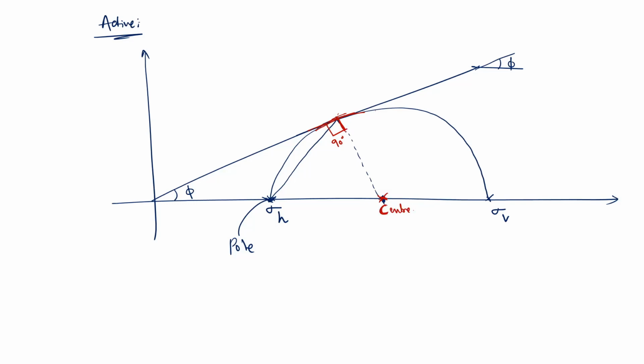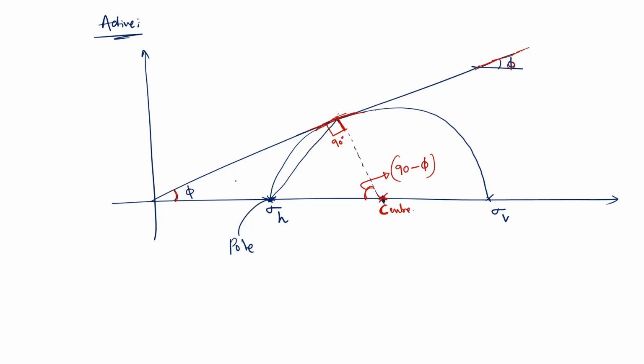This is one of the rules of the circle and the tangent. Now, if this is 90 and this is phi, what is this? This should be 90 minus phi, right? Because this is 90 and these two angles should make total 180. If this is phi, because the angle of inclination of the Mohr-Coulomb failure envelope will be phi. So now this is 90 minus phi.